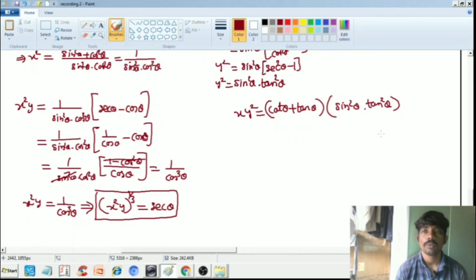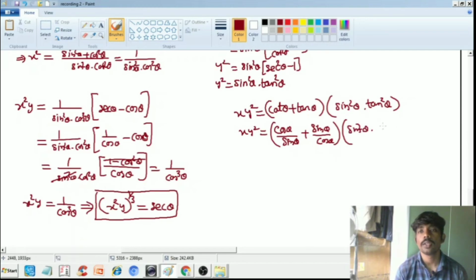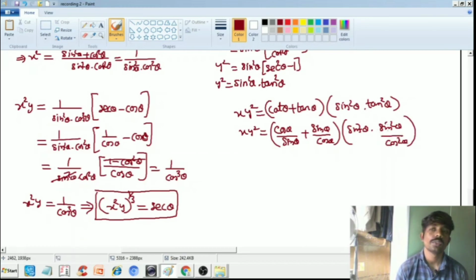From here we can write x y square is equal to cot, which can be written as cos theta by sin theta, plus tan, which can be written as sin theta by cos theta, into sin square theta into sin square theta by cos square theta. So from here do LCM.